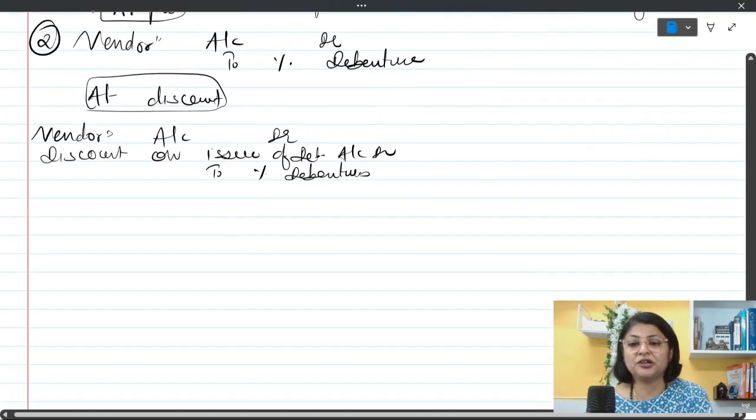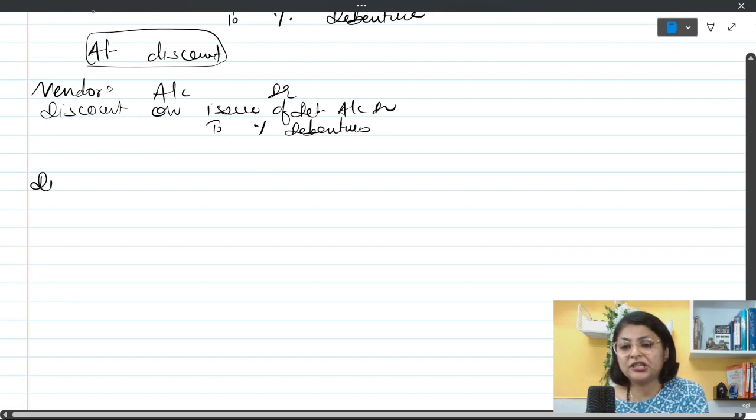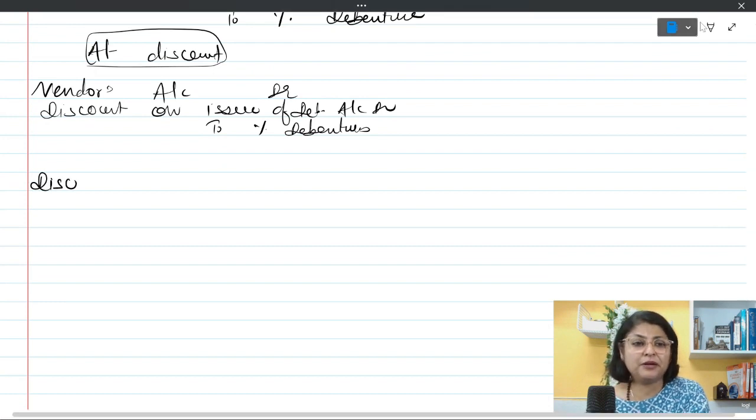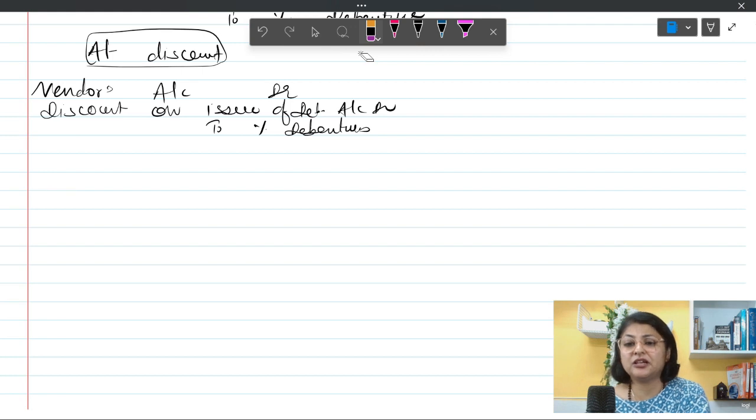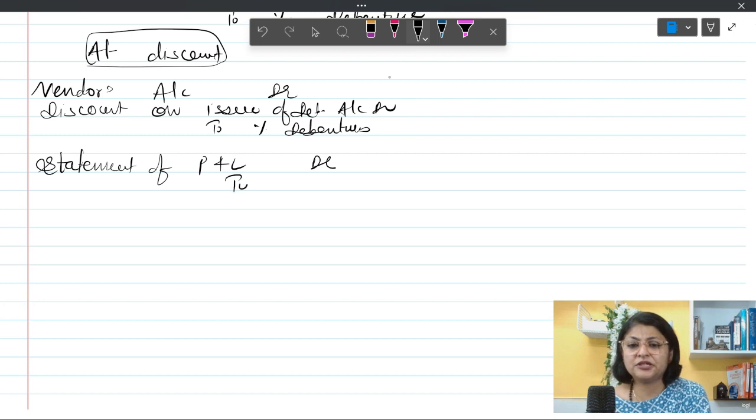And here I will pass one more additional entry: discount on issue of debenture account to be written off. So that entry will be passed. I will write statement of P&L debit to discount on issue of debenture.